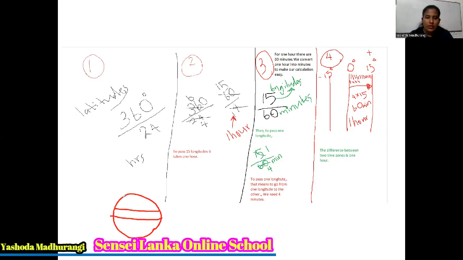They become shorter when they go towards the polar area. And longitudes are the vertical lines from north to south. You have to remember these two.